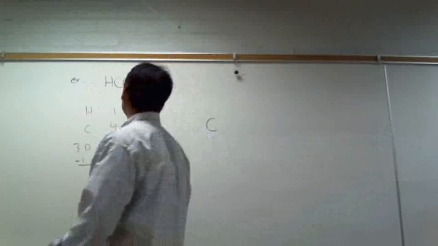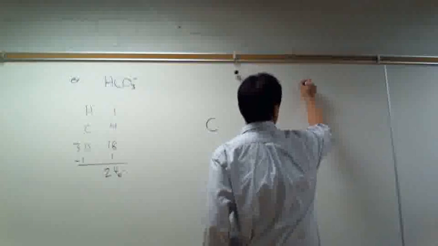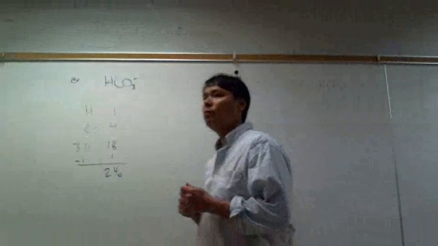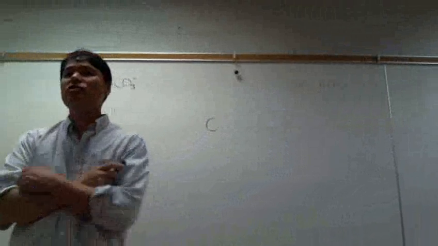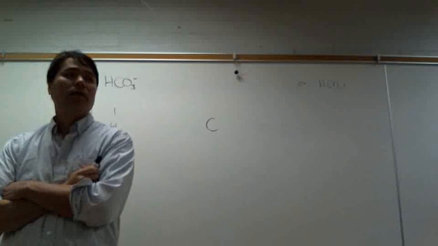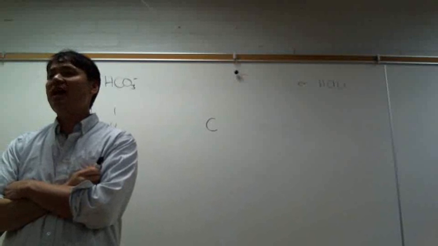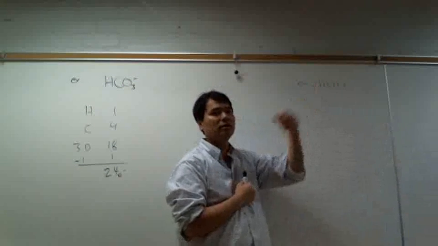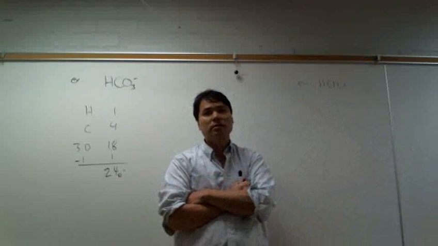And so let me give you an example of that over here. HClO. What atom am I going to bond the hydrogen to? The oxygen. Why? It's more electronegative, and this is an acid. You know what this is called? Tell me what this is called. Hypochlorous acid. Good.